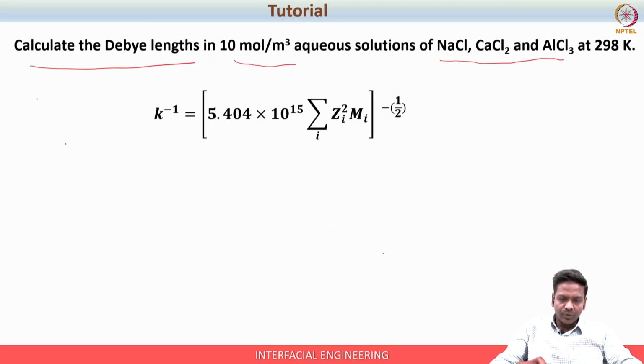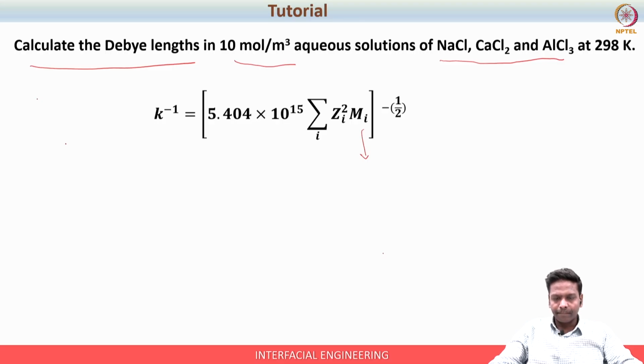We do not use the 1000 multiplier because the problem is given in moles per meter cube itself, so you don't need to multiply that with the 1000. Here this Mi is in moles per meter cube itself.